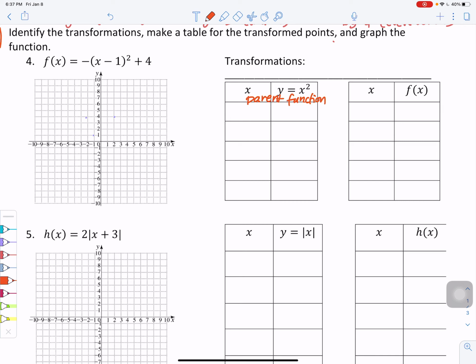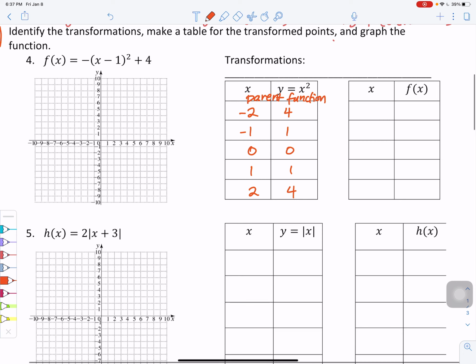Let's just give a few points on those: negative 2, negative 1, 0, 1, 2. Square that, and there we have it. Let's go ahead and graph a few of those. It looks something like that.